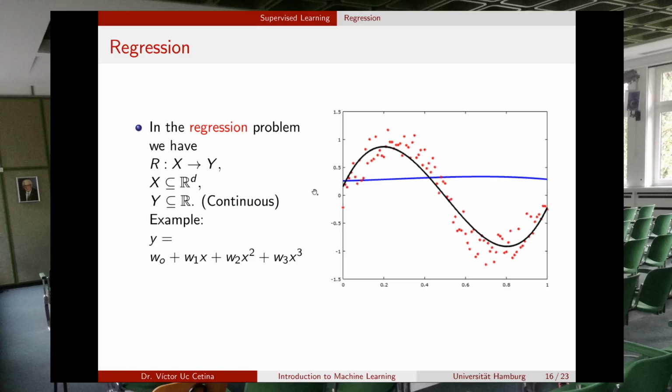And the same happens with every point here in our data set. So we are given the points, and we need to estimate a function that will fit these points. So a function that will pass very close to each of the points.